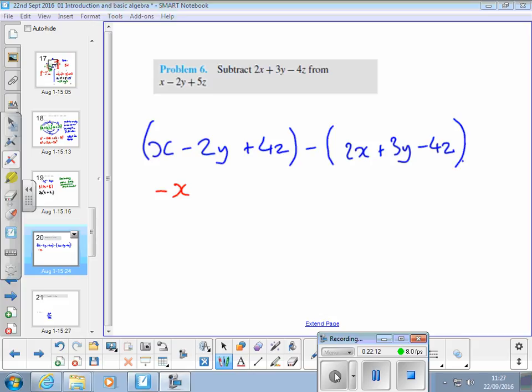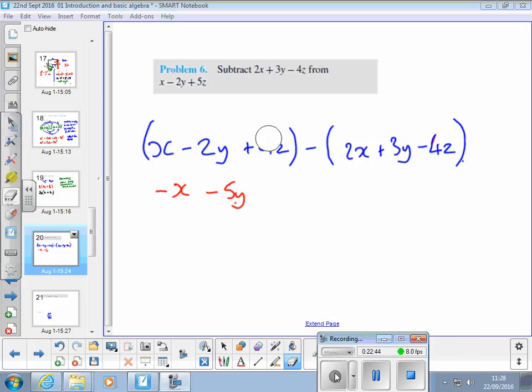Minus 2y minus 3y is equal to? And then the next bit is? Which side is 5z? This one, yeah, sorry. That's 4z.